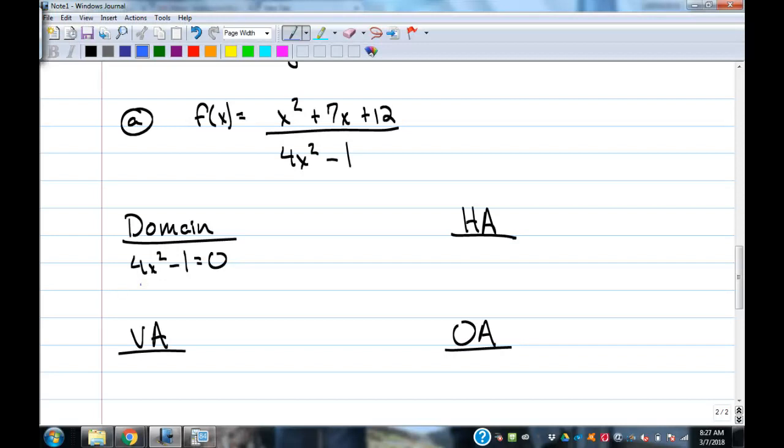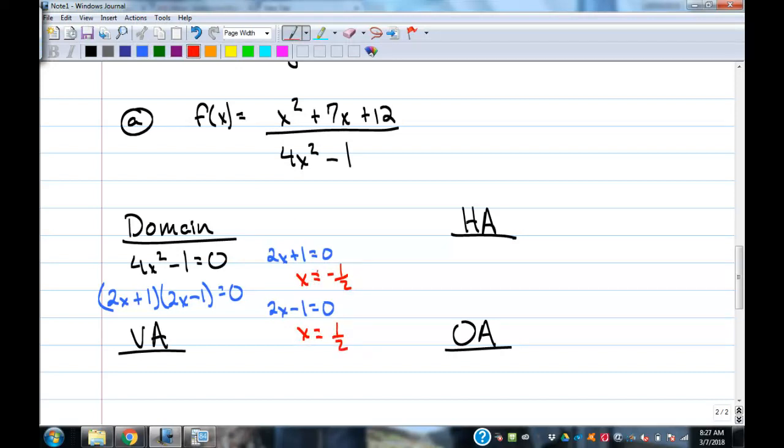So that's a difference of squares. What squared is 4x squared? It's 2x. What squared is 1? 1. 2x plus 1, 2x minus 1. We have 2 factors. We set each of those equal to 0. And we get x is equal to negative 1/2, x is equal to positive 1/2.